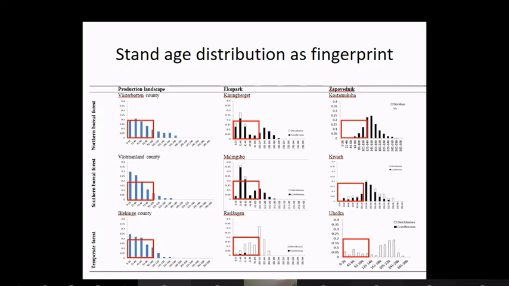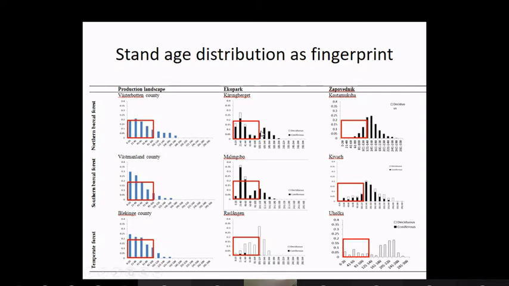So if the forest should be cut at 100 years, you have 5 age classes, then 20% should be in each age class. And what you can see is that in the Swedish production landscapes, it's getting close to this, especially in the south. And what is happening is that this tail usually contains about 5%, because this is the amount of set-aside needed for certified forest companies. So it tends to become very close to this rectangle.